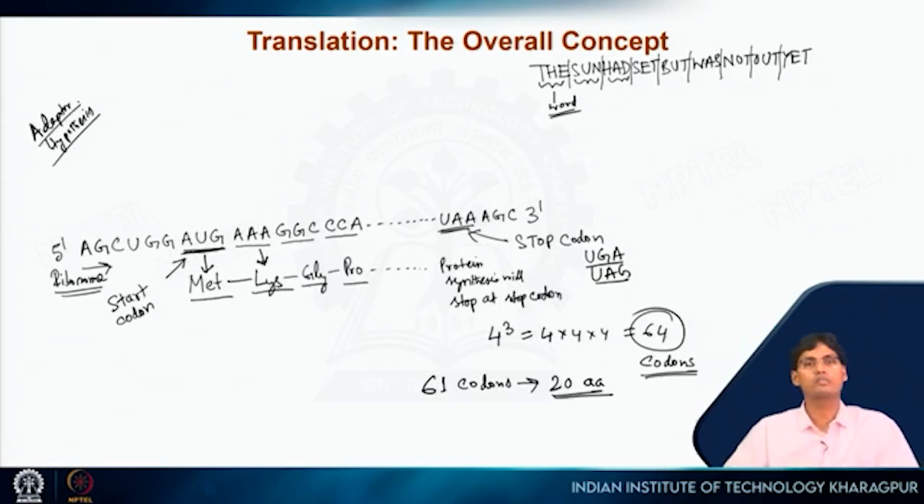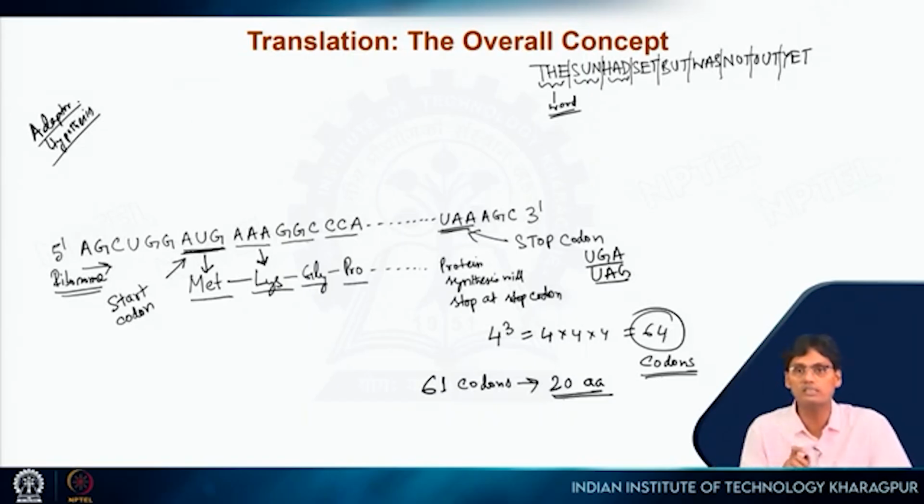So the adapter hypothesis means Crick was suggesting that maybe inside our cell we have some kind of smaller molecule, I would say a polynucleotide, some kind of nucleic acid molecule, which may act as an adapter. We all know what an adapter is. Sometimes we use an adapter to charge our devices, for example, a laptop.